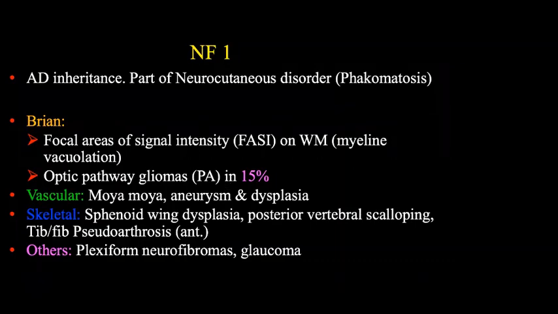You have sphenoid wing dysplasia, posterior scalloping of the vertebra, and tibiofibular pseudoarthrosis, which is an anterior pseudoarthrosis that's different from when it's related to foot abnormality, usually posterior pseudoarthrosis. And they can get plexiform neurofibroma anywhere within the body, and glaucoma with macrophthalmos.